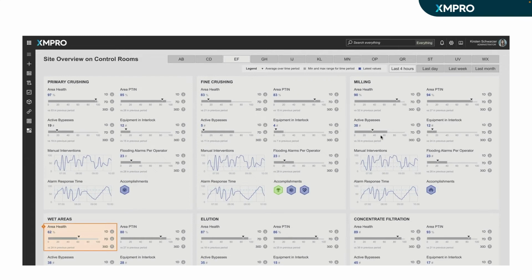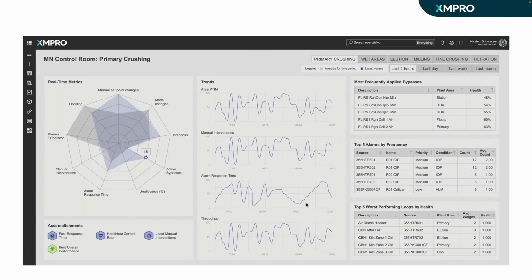So this is going down into a specific control room, looking at the alarms and percentage of time that things are running autonomously versus we have to have manual intervention. Again, that gives us an understanding of the health and how I can plan around that, what I need to do, and which areas are better than others in terms of the performance of an organization. So that gives you kind of an overview of the control room side of things.